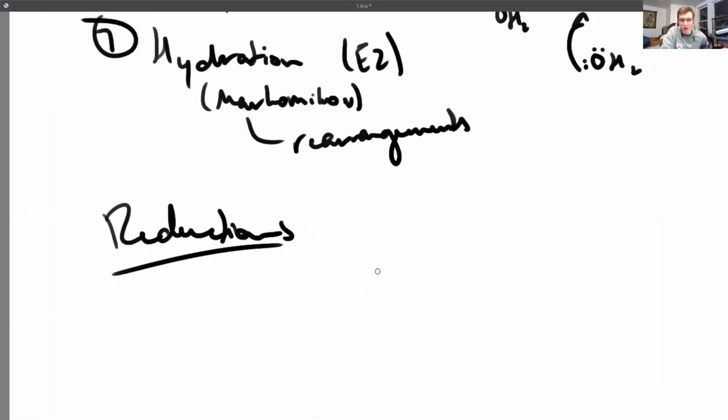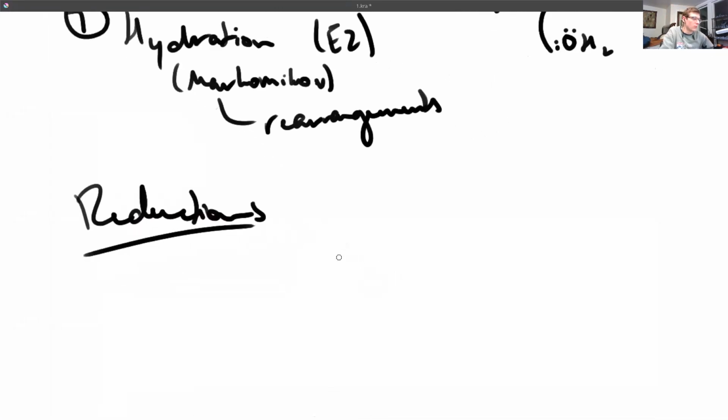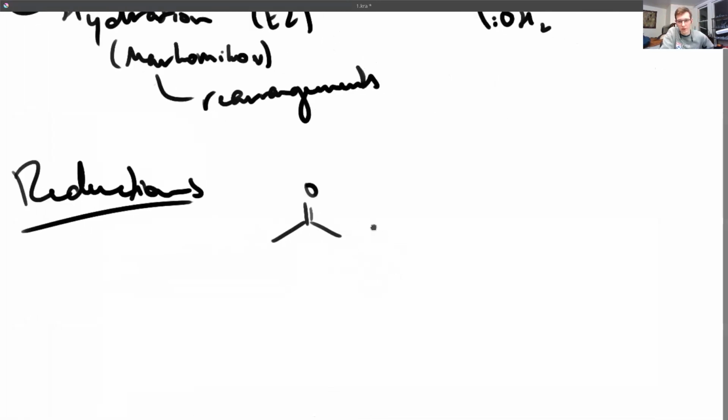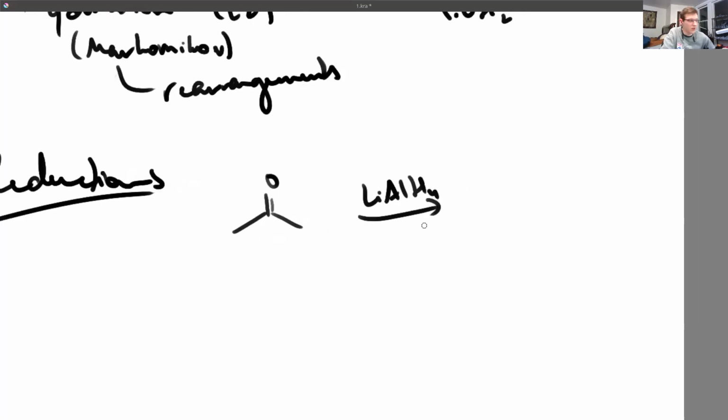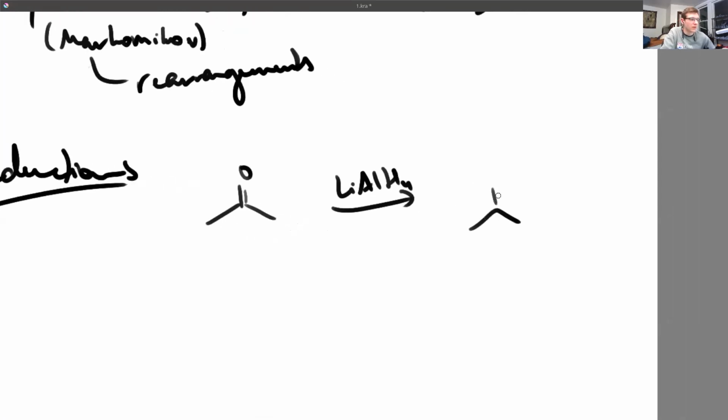So when we're doing reductions, we're taking, for example, our ketone, or in general our carbonyl, and then you can add lithium aluminum hydride. And actually, it's worth writing out the mechanism for this because it's totally overlooked, but it's important for doing a lot of problems.